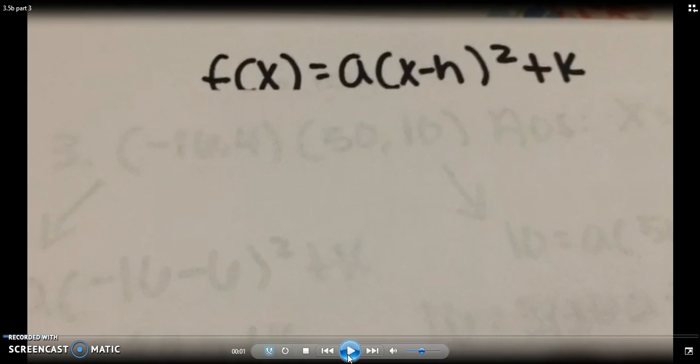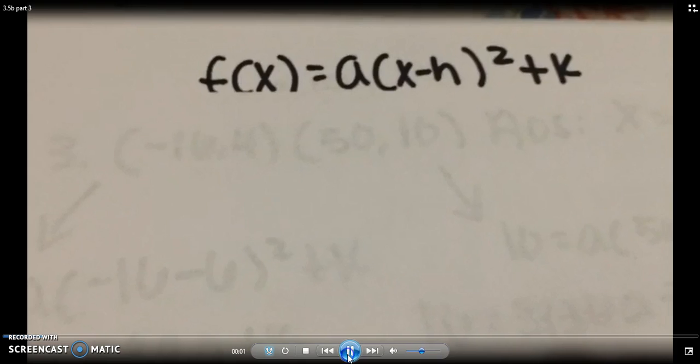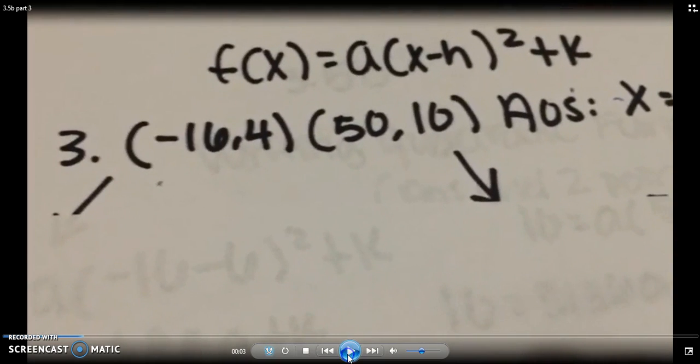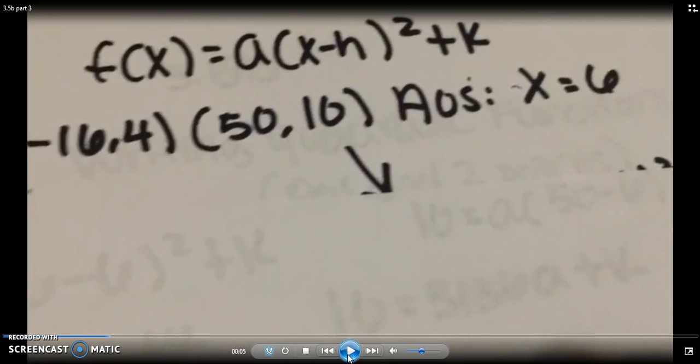So for my third problem, my given points are (negative 16, 4) and (50, 10), and my AOS is x equals 6. And again, I'm going to have two equations because I have two sets of points.